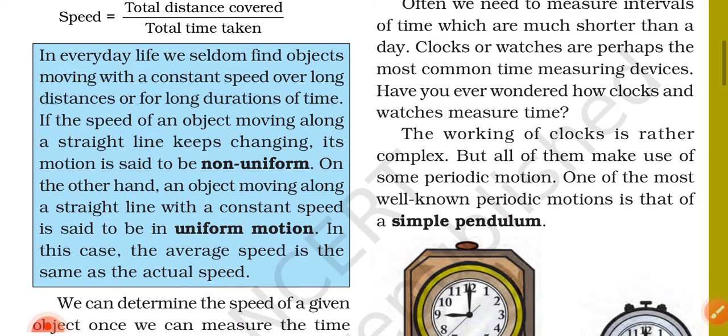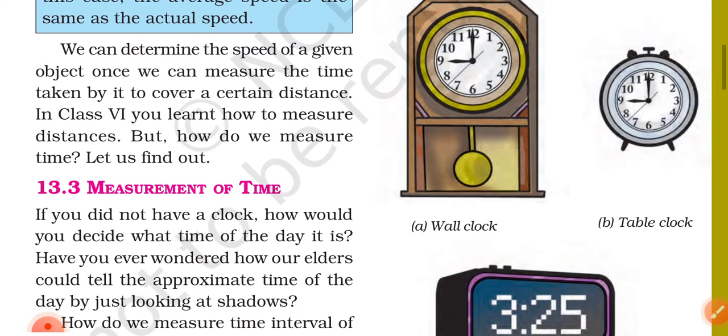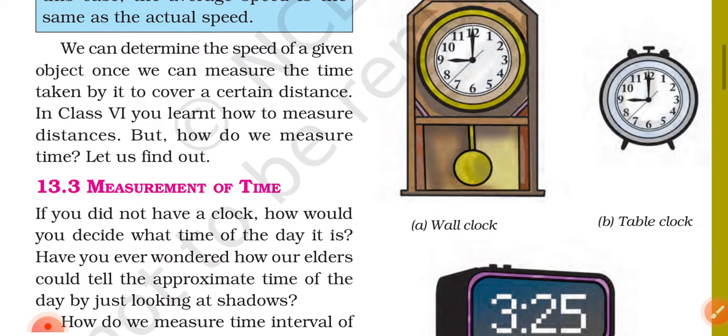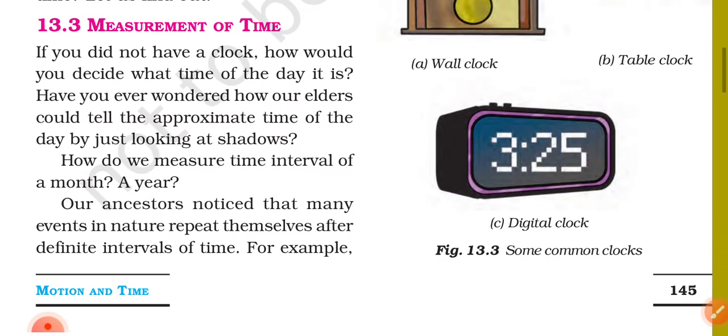In this case, the average speed is the same as the actual speed. We can determine the speed of a given object once we can measure the time taken by it to cover a certain distance. In Class 6 you learned how to measure distance, but how do we measure time? Let us find out. 13.3 Measurement of Time.